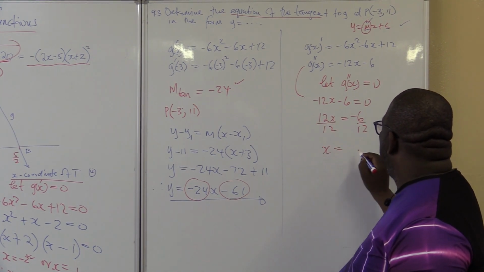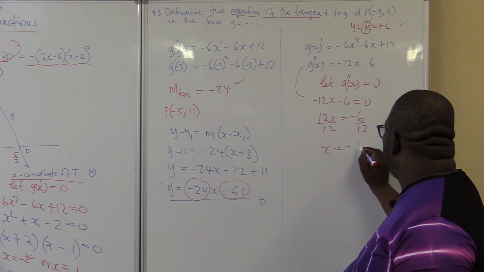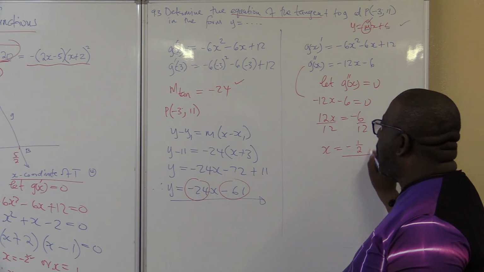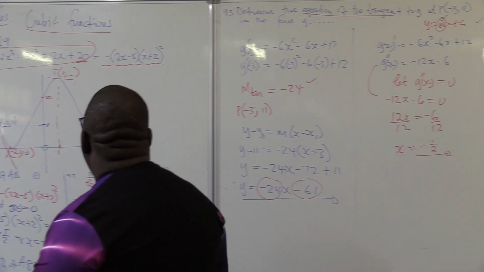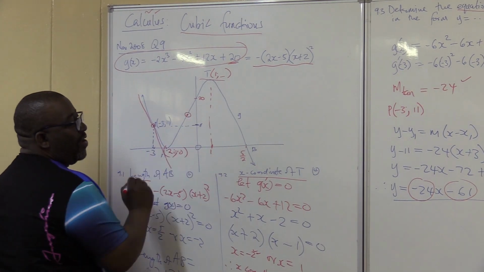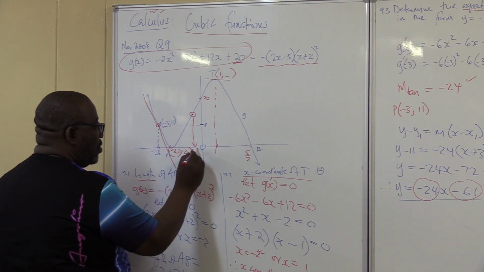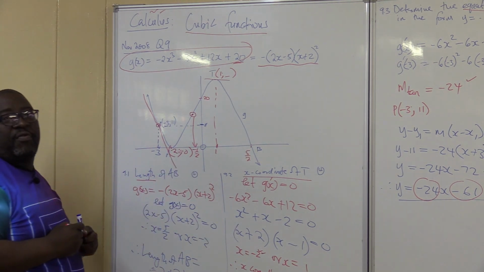Therefore, x will then be equal to minus 6 over 12, 6 goes once, 6 goes twice. This is the point of inflection. It is somewhere on the negative side. This is the value of x that they are talking about. It is minus 1 over 2. That's what the point of inflection is.